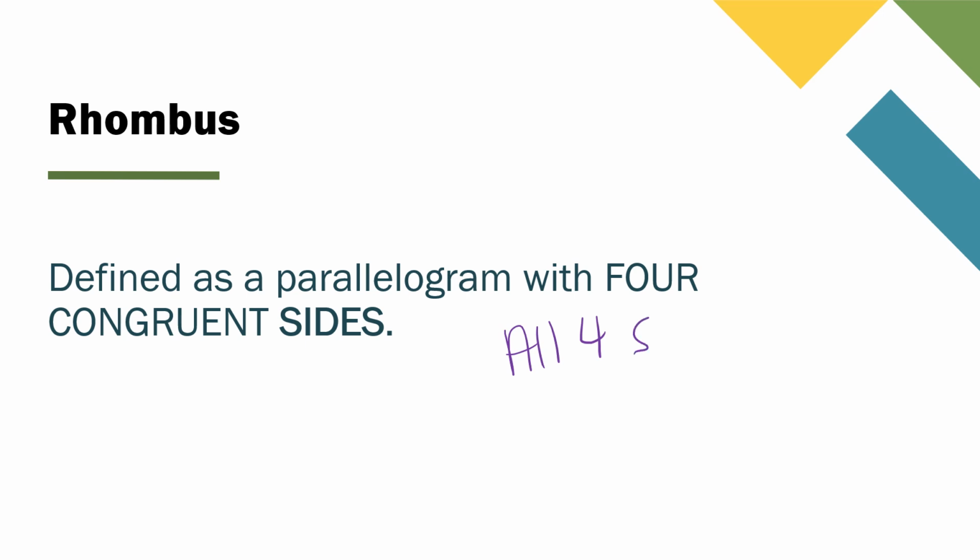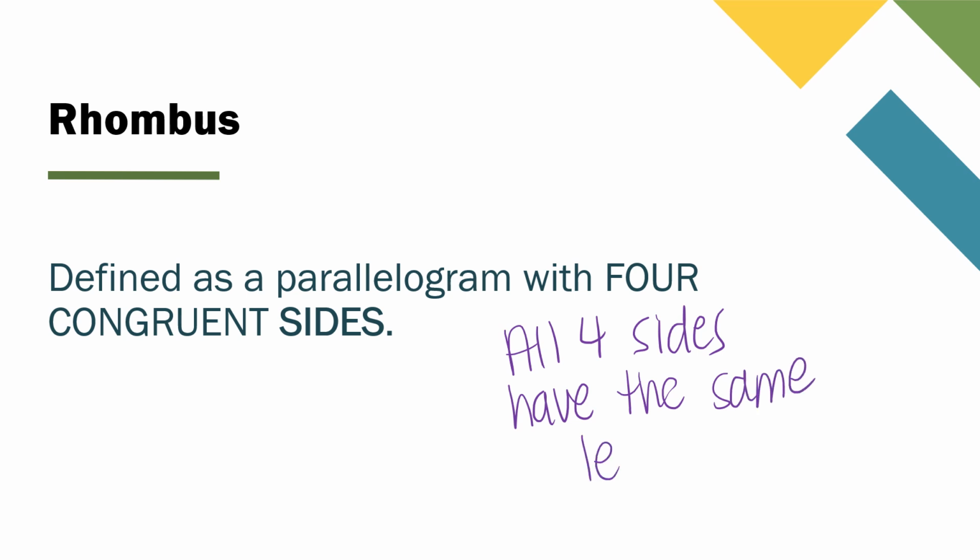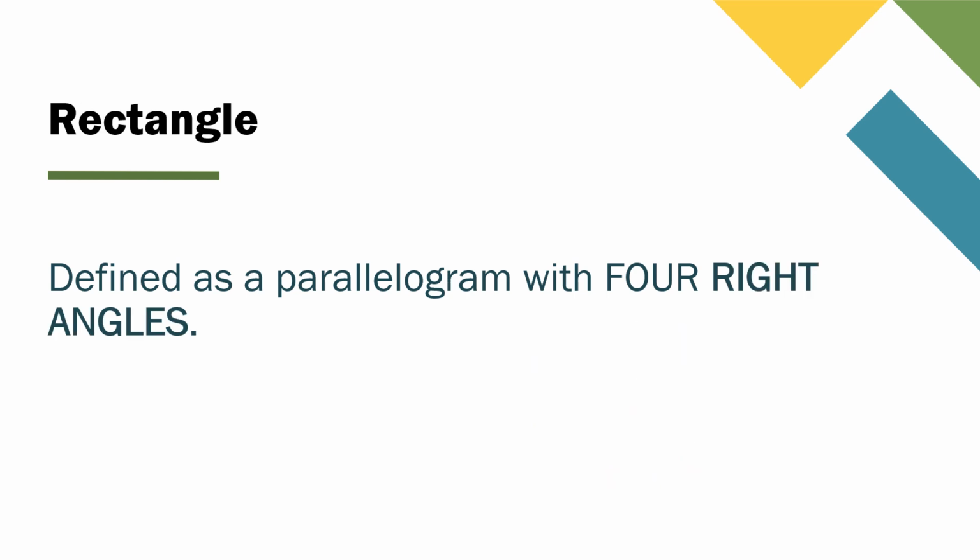All right, so if you look at a question and it defines a diagram or a shape as a rhombus, then you know that that means that all 4 sides have the same length.